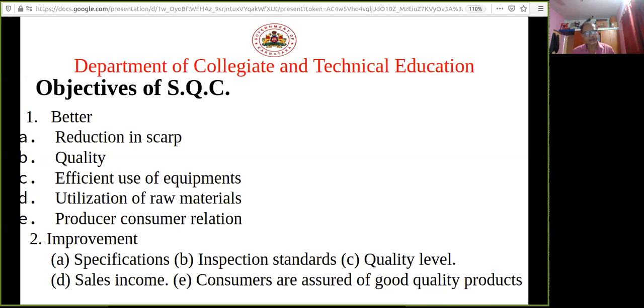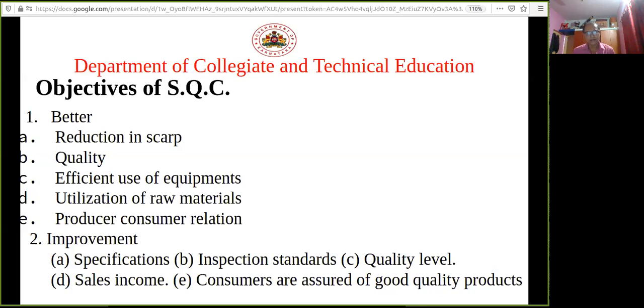And the next says sales income. So when a company manufactures quality products, naturally the sales income will also increase, because when a customer wants to buy certain things, when he goes to a mall or the shop, naturally he will see the product by the name of the company.